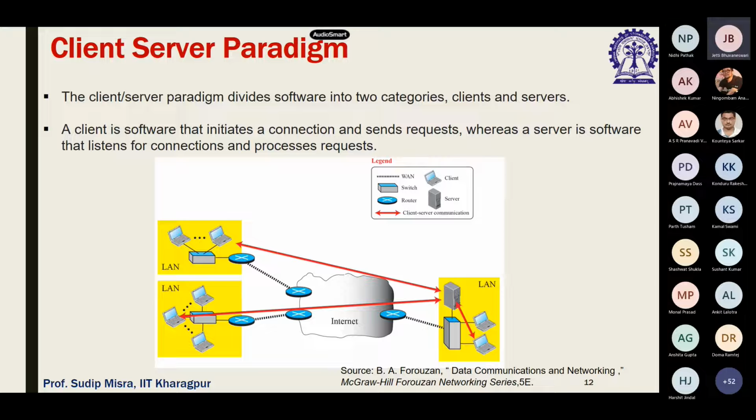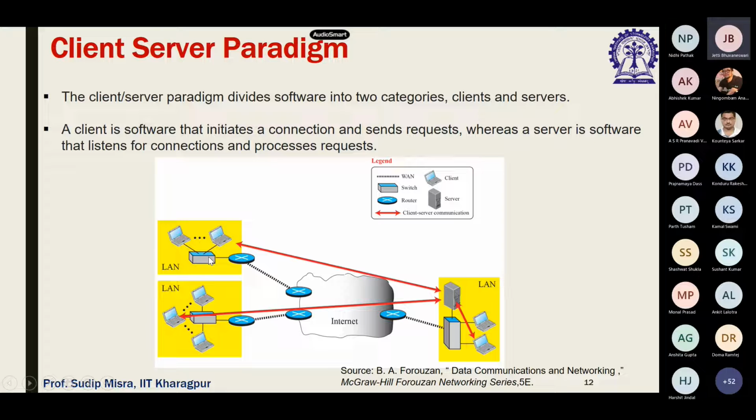Once again, as a recap of what I talked about in the morning, in every local area network there is a switch. The switch knows how to relay a packet that comes to it to the computer to which it is destined.